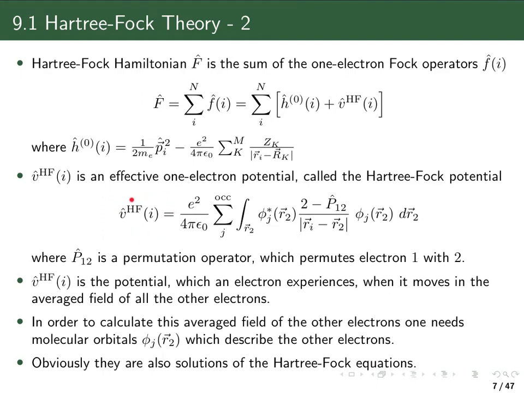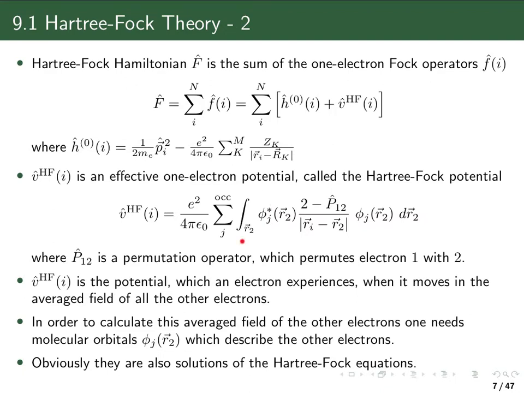Looking at this effective operator, we can see here the interaction between electron I and a second electron. So this is the Coulomb operator for the interaction between electron I and the second electron. And here with phi j complex conjugate times phi j, we have the probability for finding electron 2 at the position R2. And together with the elementary charge here, this is just the charge distribution or the charge density of electron 2.